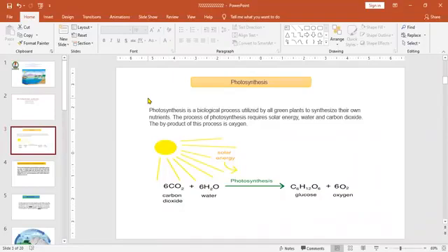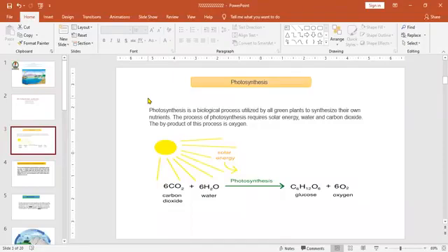In this process, light energy is converted to chemical energy. So photosynthesis is a process in which green plants make their own food using sunlight, chlorophyll, carbon dioxide and water.